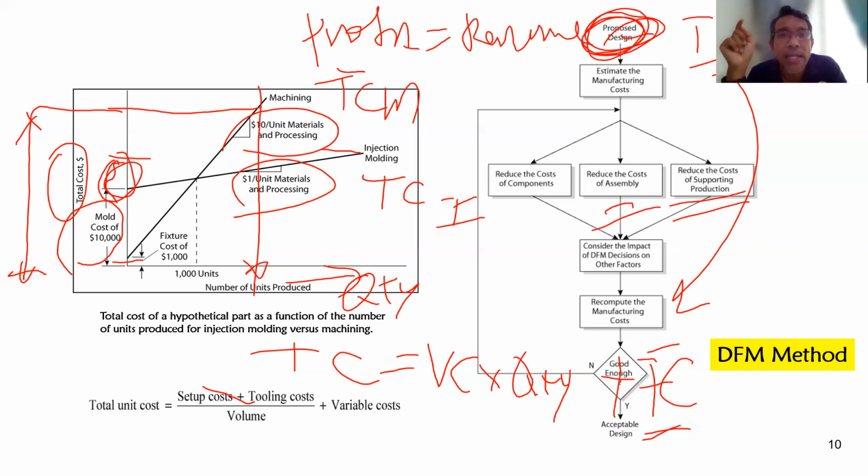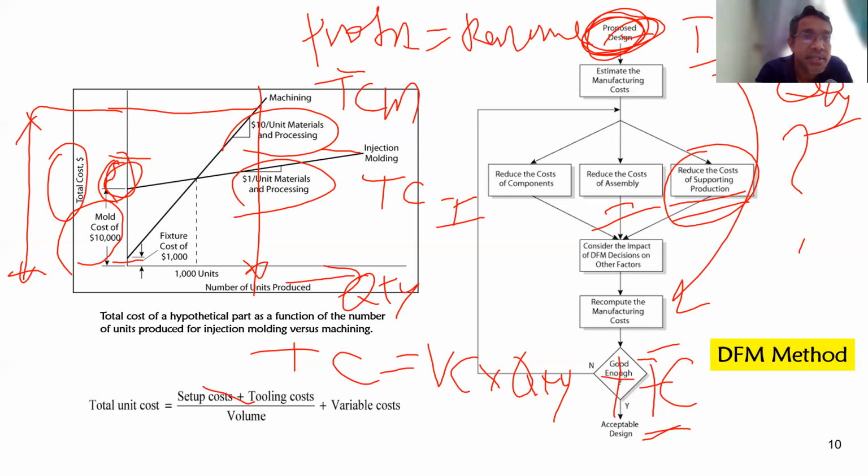For these two parts, we can think about the machines and what we want to use, whether we need machining or injection molding. So we need to think also about the quantities. If we have enough quantity, we can go for injection molding. But if not, we can still use machining. You can see here at the intersection line what I call the break even, where we can change from machining to molding.